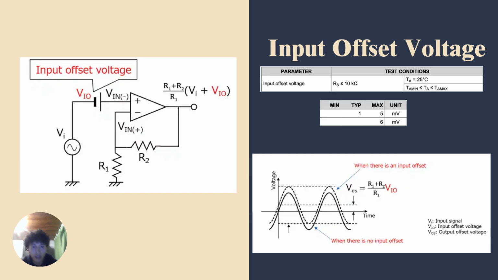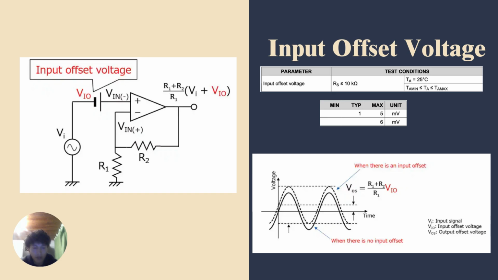And finally, using a better op-amp. High quality op-amps with lower input offset voltage can minimize the problem, especially in high gain applications. Additionally, be aware that input offset voltage drifts over time and with temperature. So, if working in high precision applications, choosing an op-amp with low temperature coefficient is crucial.